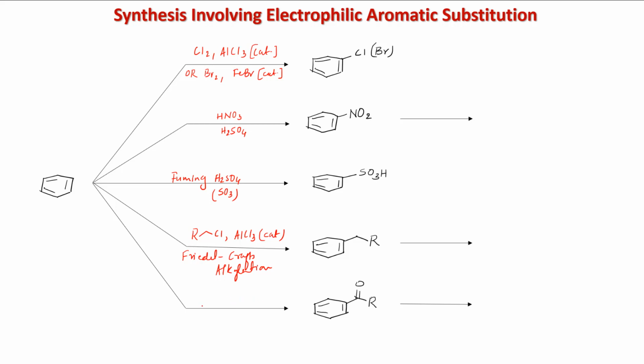Similarly, the acylation of benzene can be achieved by using an acid chloride in presence of aluminum trichloride as a catalyst. So this is the Friedel-Crafts acylation reaction.